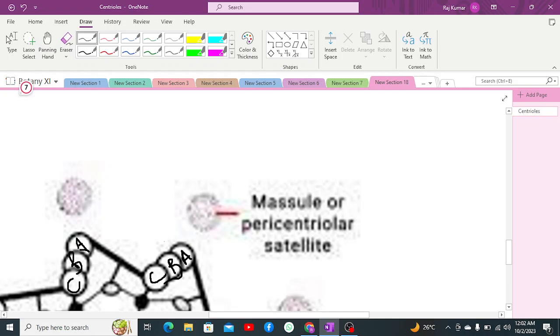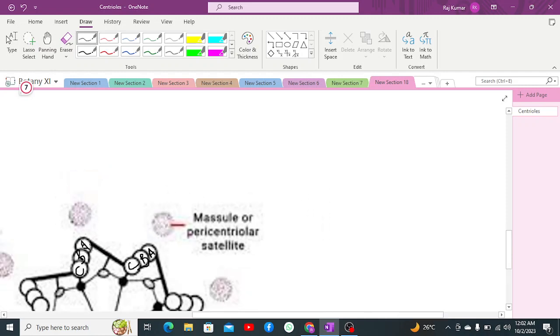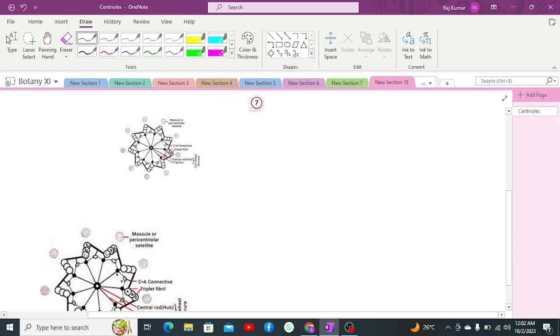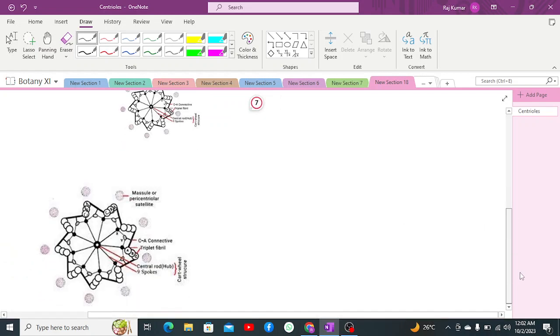In every chain, the C microtubule is connected. The C microtubule originates a bridge towards the A microtubule, which is known as the CA linker or CA connective.